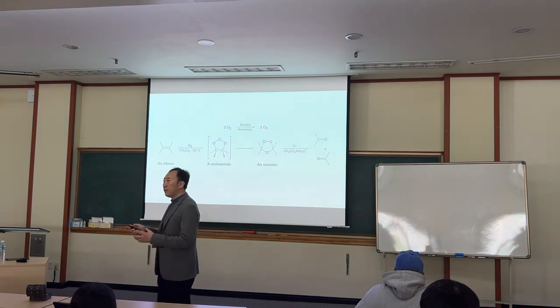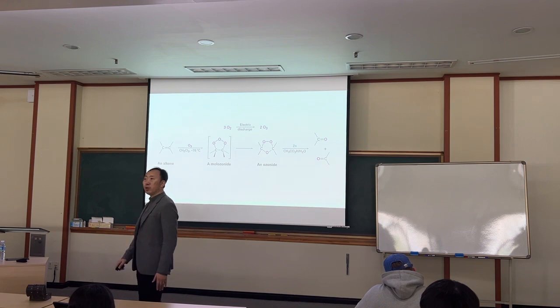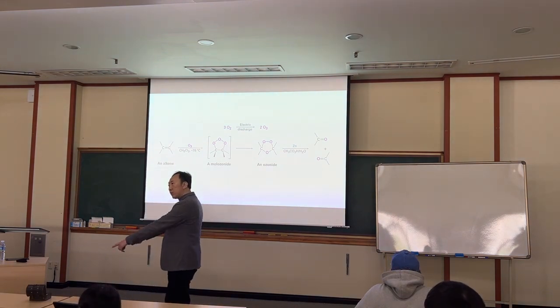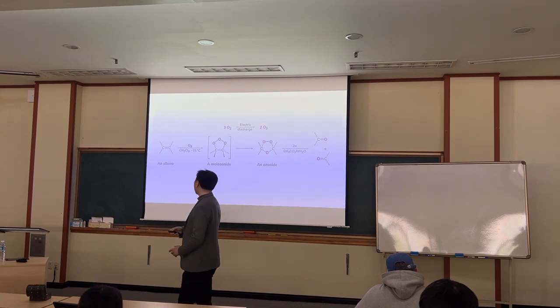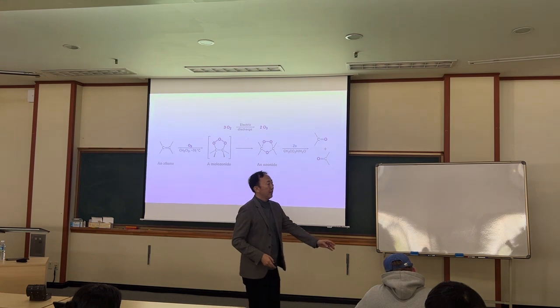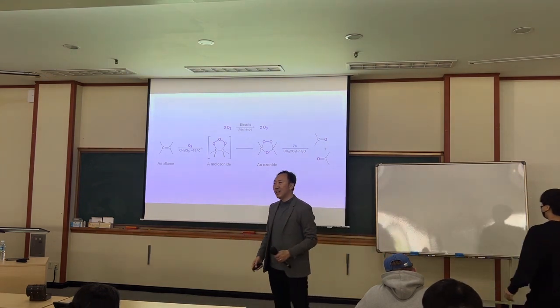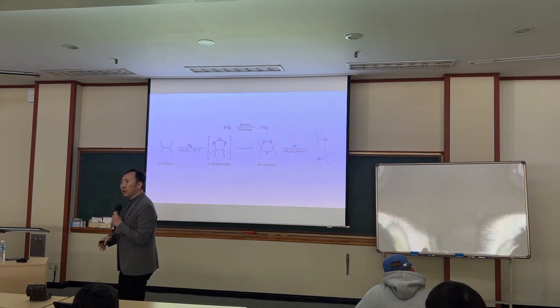Now, the difference from OsO4 is that OsO4 did not break the bond, right? OsO4 just provided two oxygens, which formed hydroxyls. Ozonolysis means that by adding ozone, lysis means breaking. By adding ozone, you break it, that's ozonolysis.